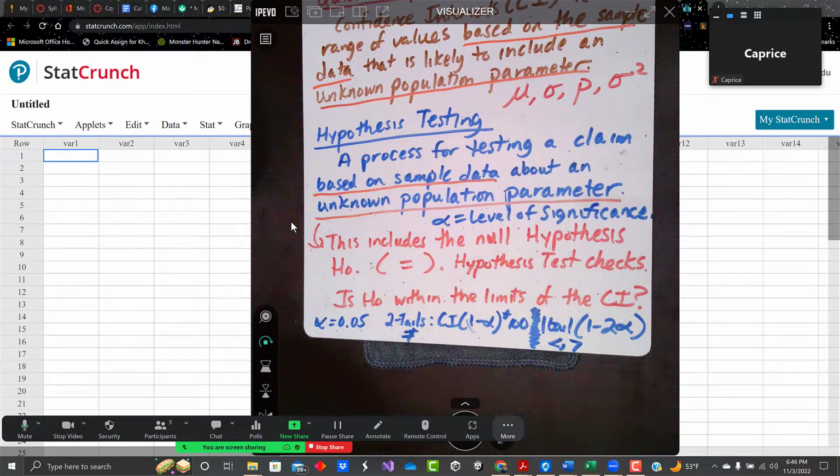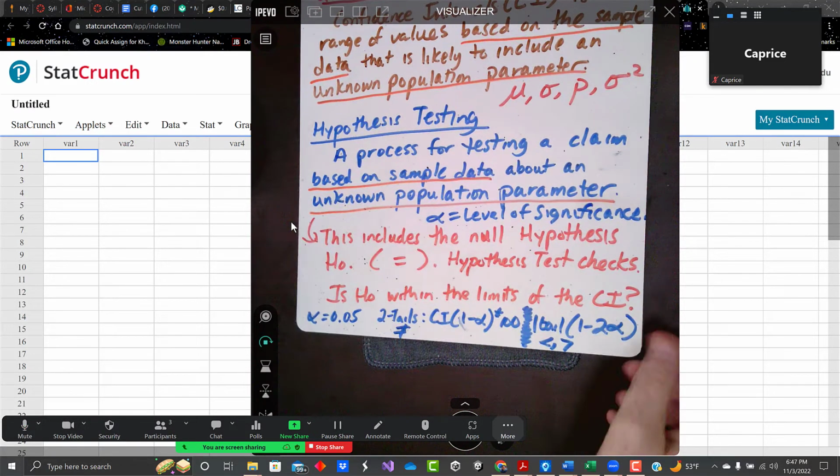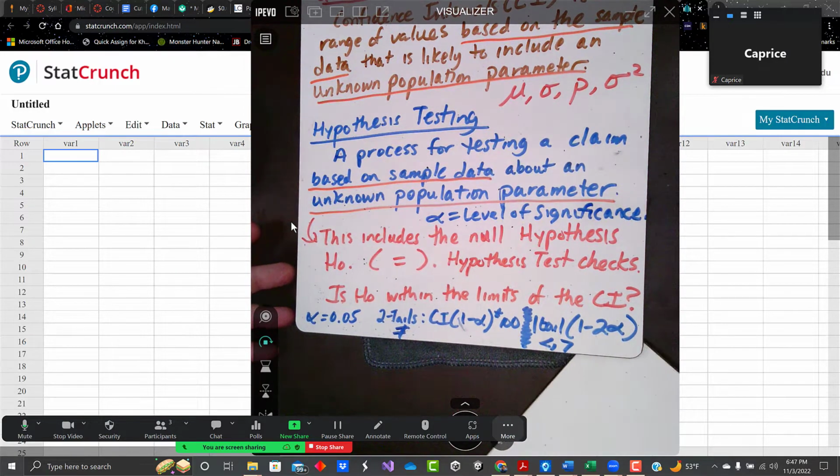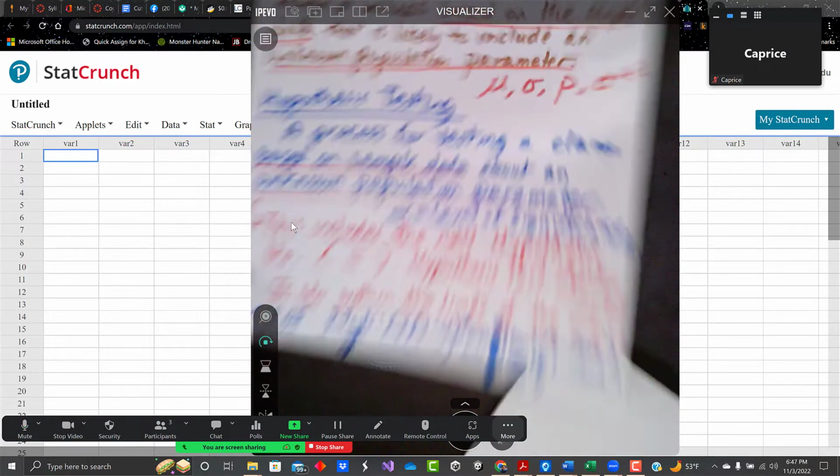Otherwise, we'll continue. Leaving in 5, 4, 3, 2, 1, lift off.